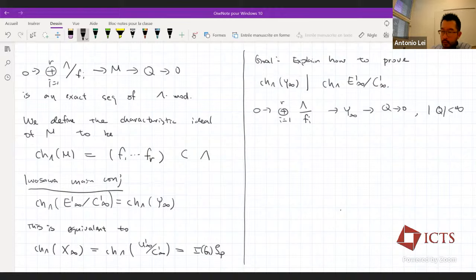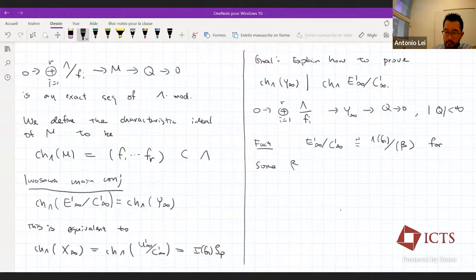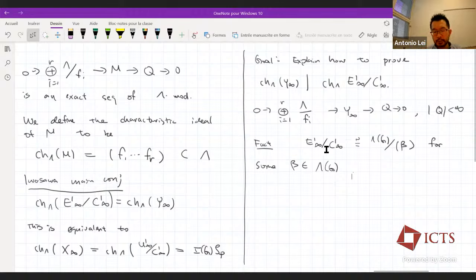And another thing I'm not proving is that this quotient of global unit by the cyclotomic unit turns out to be very simple. So it is a cyclic lambda module. So remember, I told you that C1 infinity is generated by one single element. So we know this module pretty well.